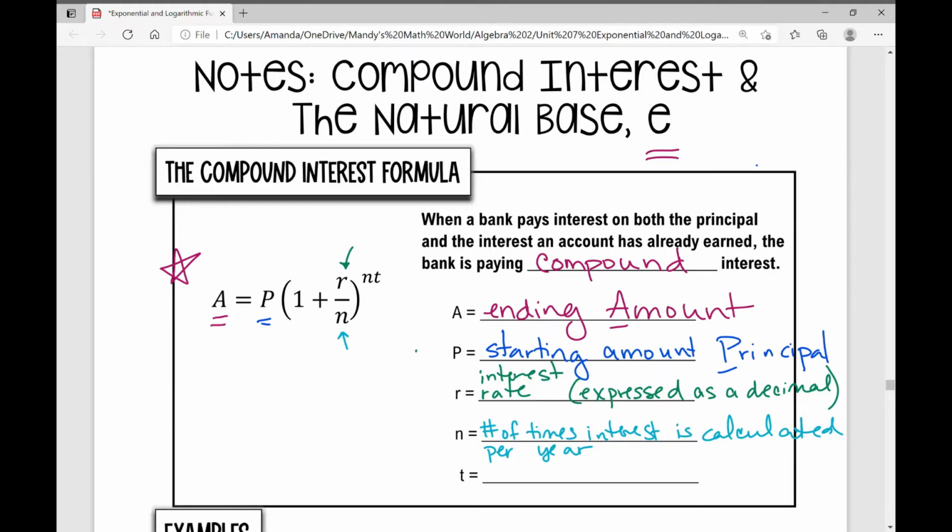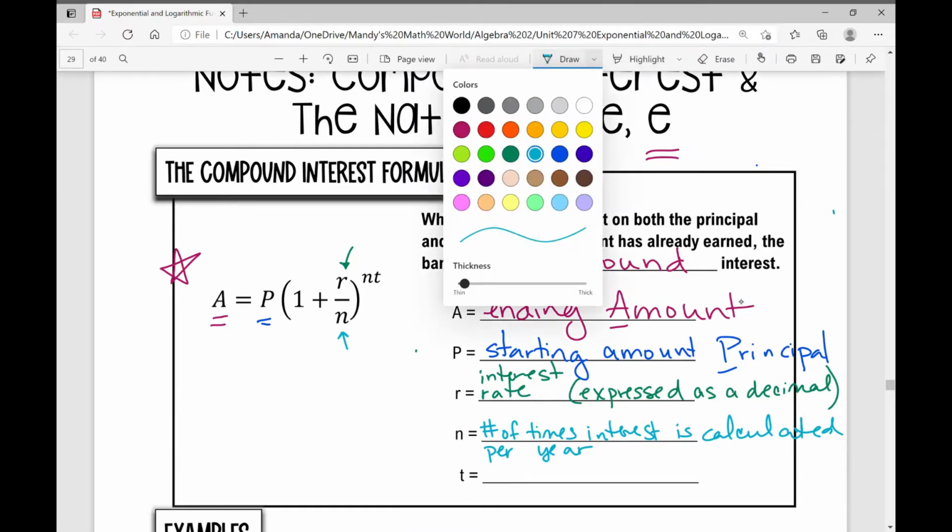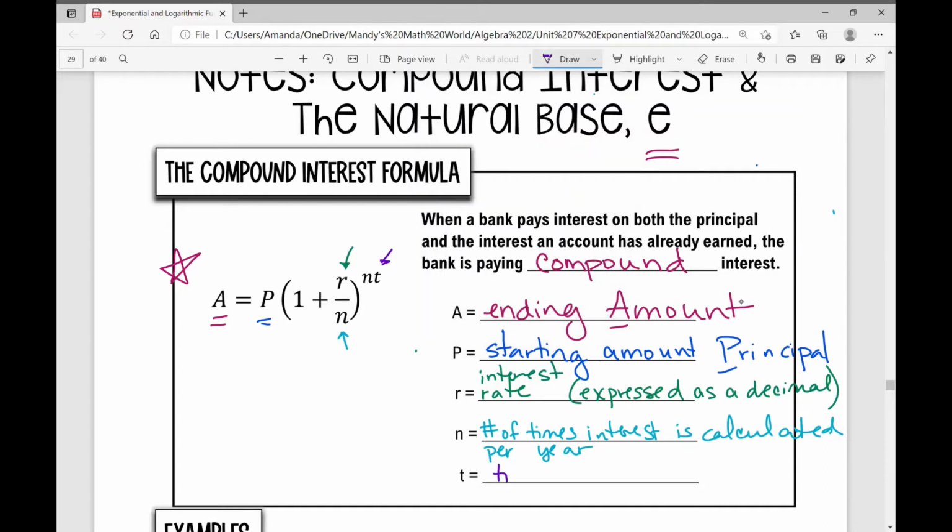If it's compounded monthly, N would be 12. And then T, the very last thing in our formula, what do you think it represents? Time, and it's time in years.